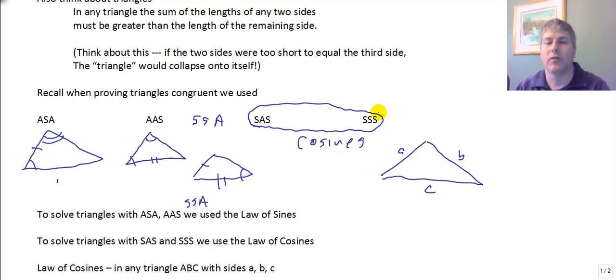You may remember with the law of sines, we had to have at least one angle. And with side angle side, same situation. We have two sides and an included angle, so we might have side A and side B, angle C. Well, we don't have enough information here to be able to do the law of sines. So for these two situations, we'll use the law of cosines.